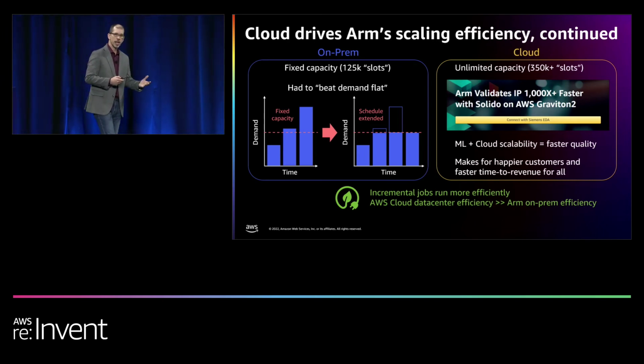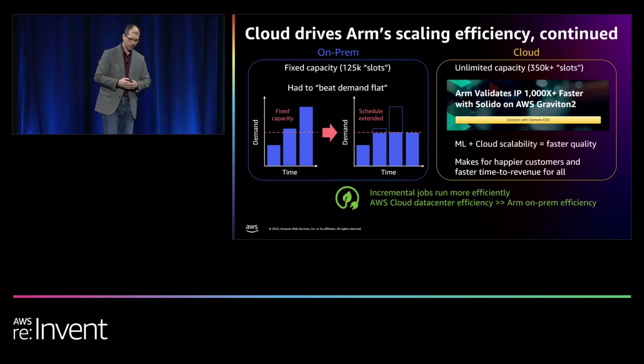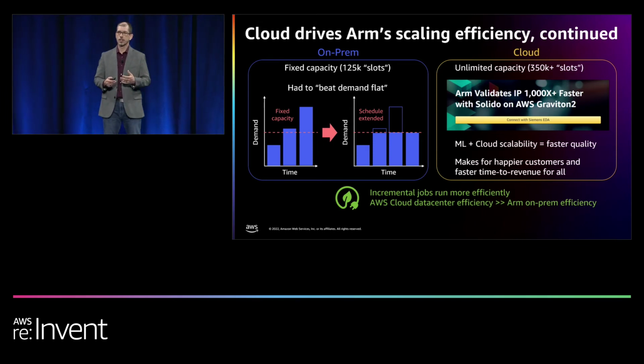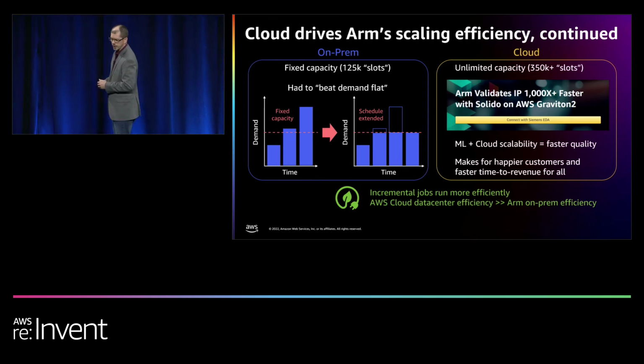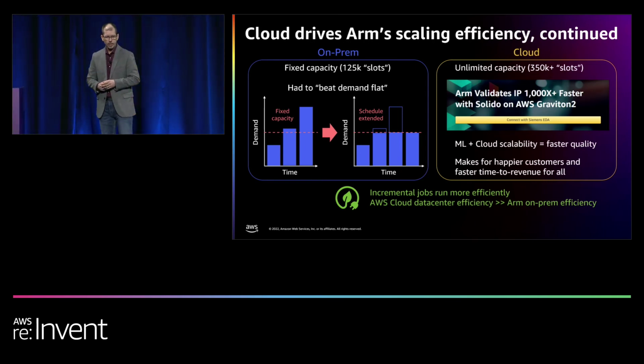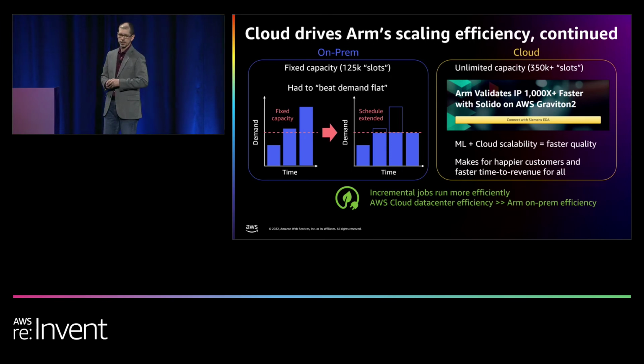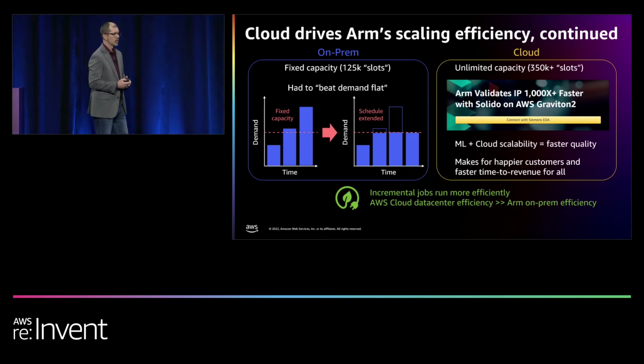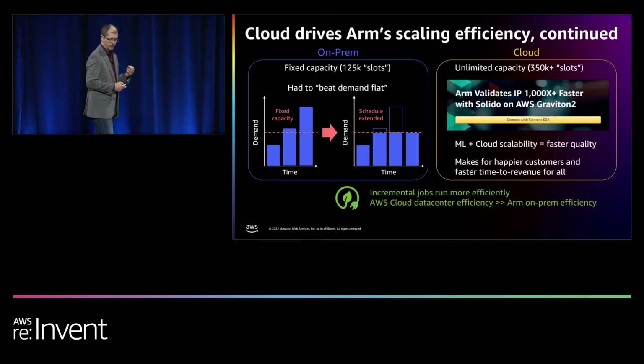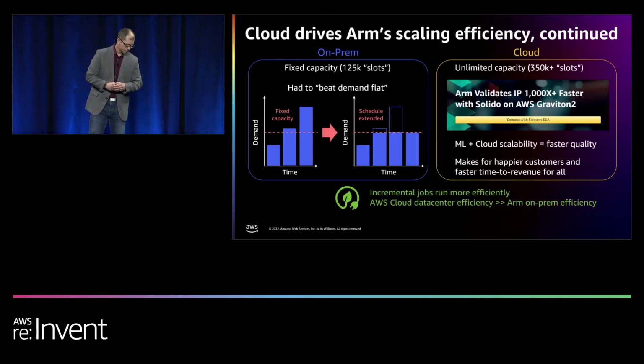Any excess demand had to be pushed out over time. This resulted in projects taking longer to complete, and we couldn't take on as many customer requests. This was really holding back our business. In the cloud, we have bursted over 350,000 slots, vCPUs.